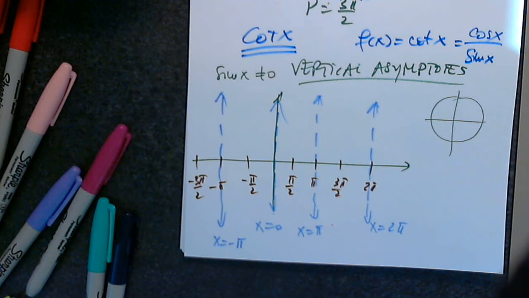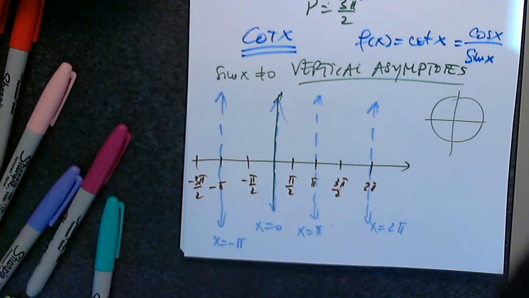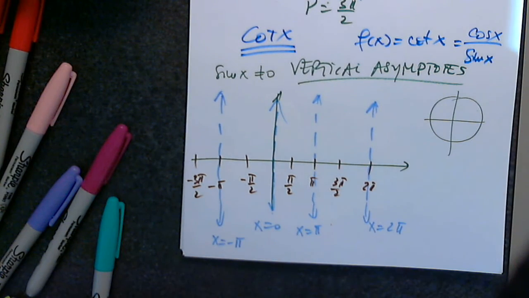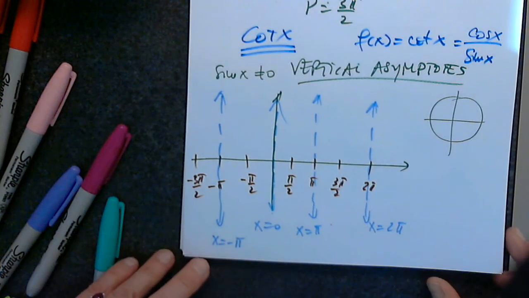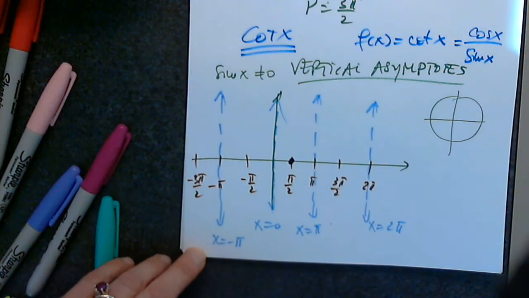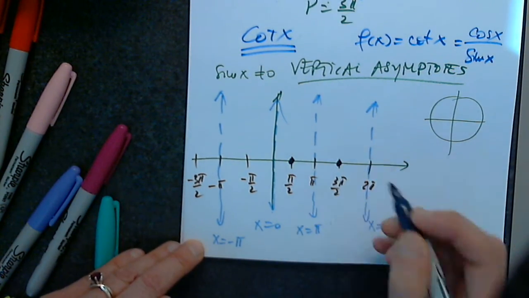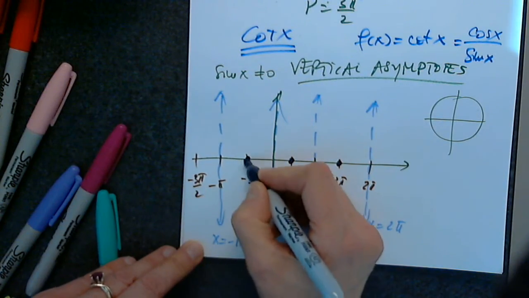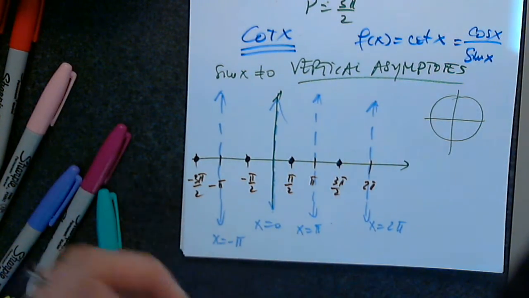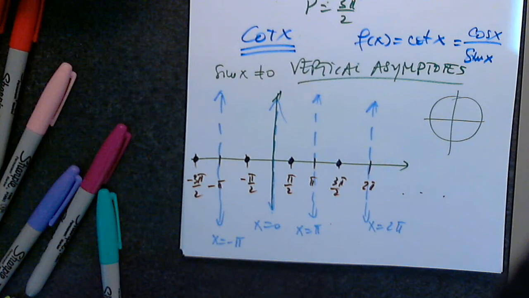Good. So like before, I'm going to ask you, where is cotangent 0? Cotangent is 0 when which of these is what? Where is cosine 0? And it continues forever on this side and on that side. Perfect.